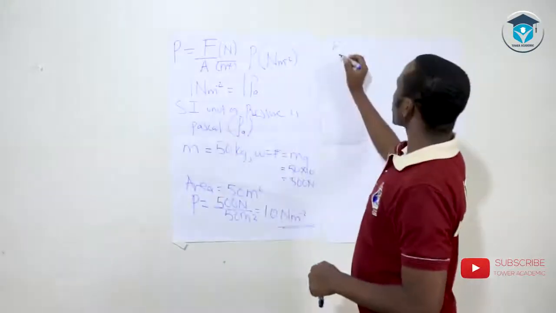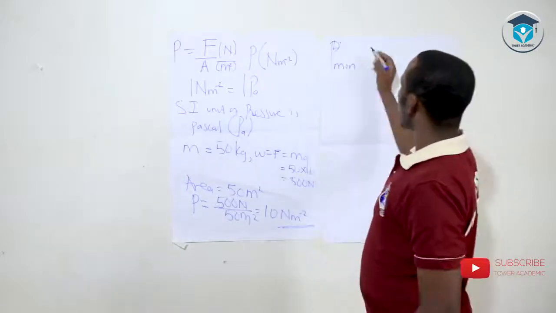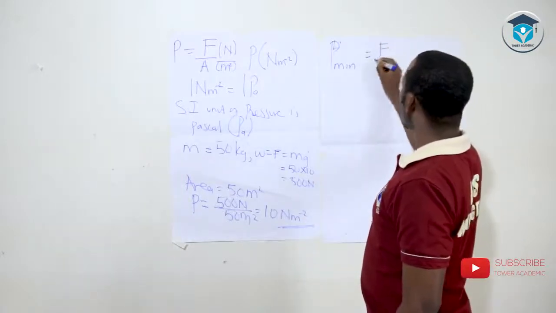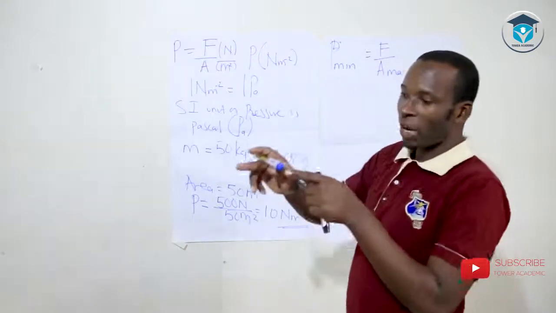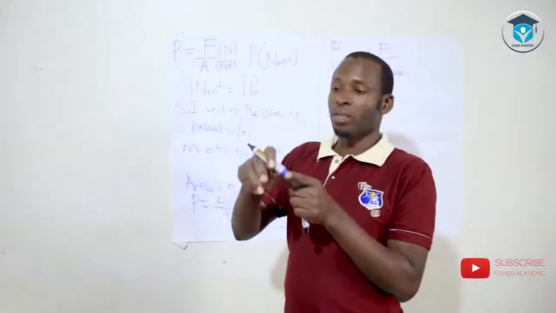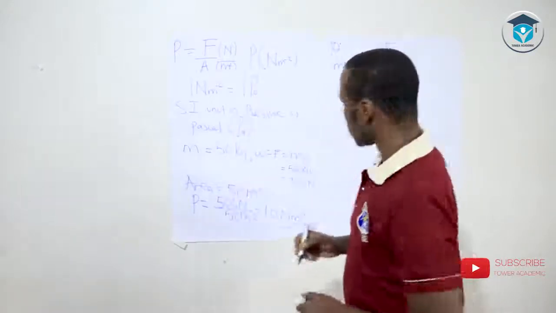So this brings up a concept of minimum and maximum pressure. For the pressure to be minimum, the force over the area should be what? Minimum means a larger area. When you have a larger area, you experience less pressure. When you have a smaller area, you experience more pressure.